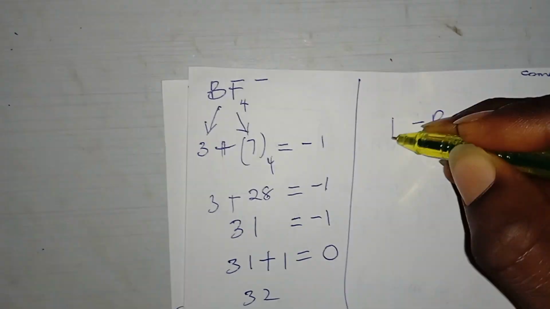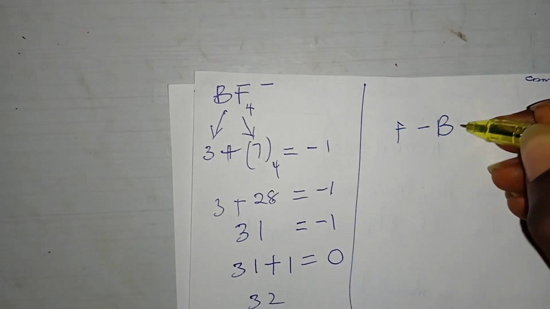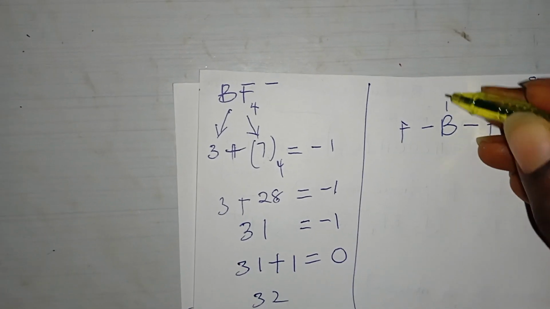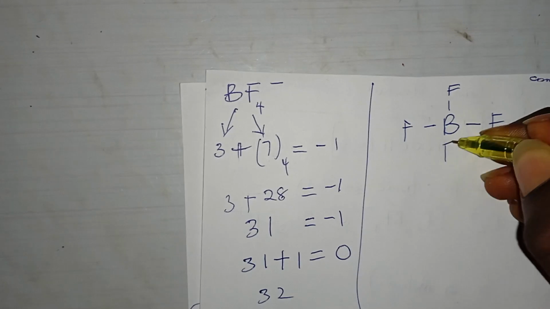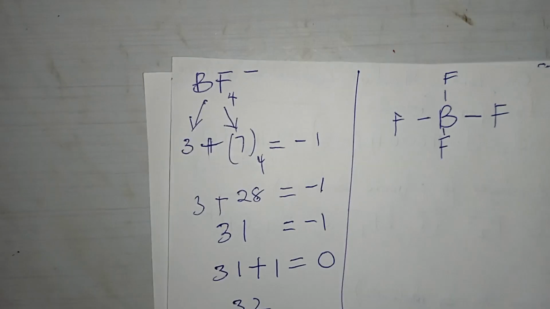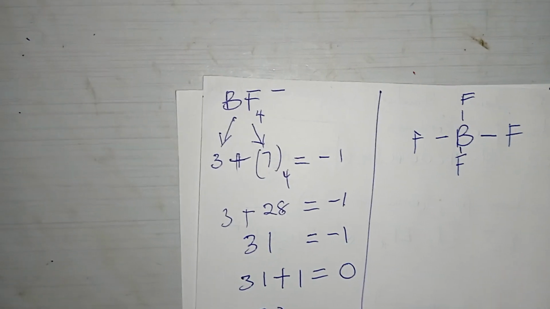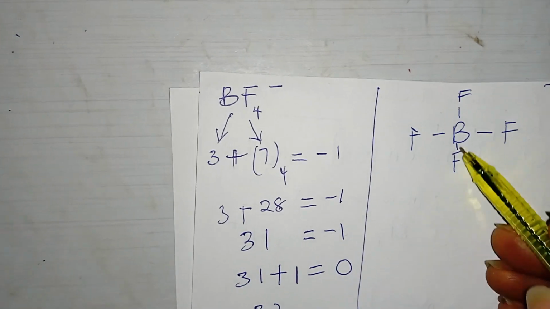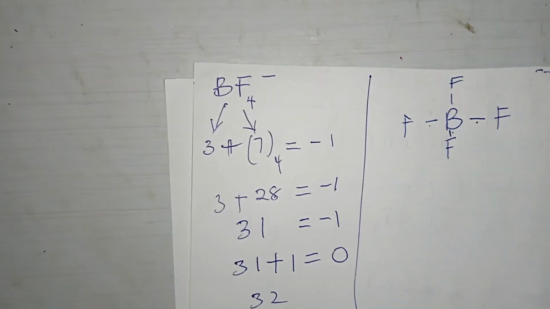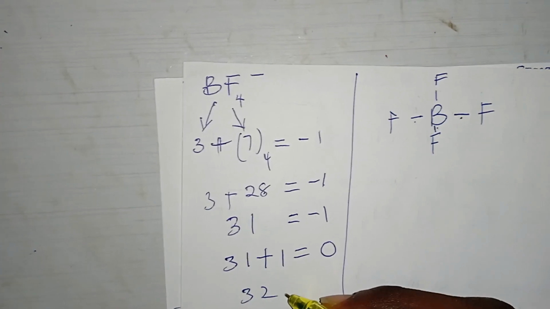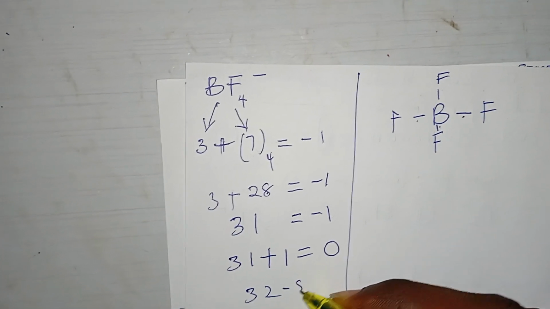So let's put fluorine here, here, here, and here. The minute I put this fluorine, I count the bonds. I have 1, 2, 3, 4. 4 bonds means 4 times 2, which is 8.